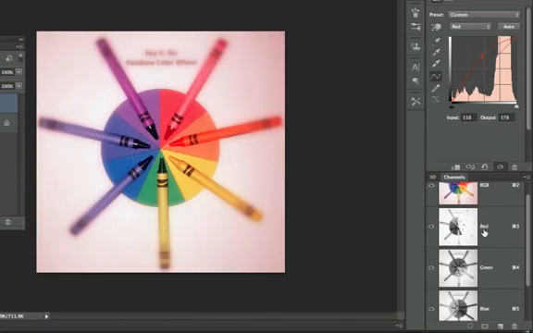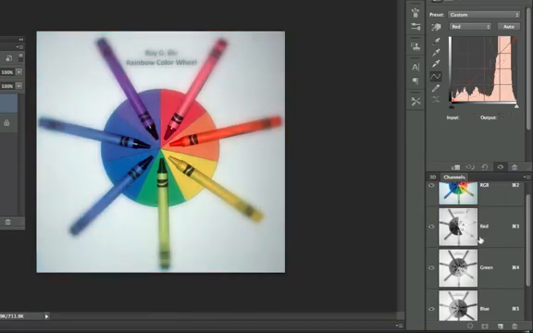Get it? I hope so, otherwise I've done a bad job of explaining. If I move this down, it becomes more cyan. And why is that? Because the red channel is becoming darker, which means you'll see more cyan or less red.